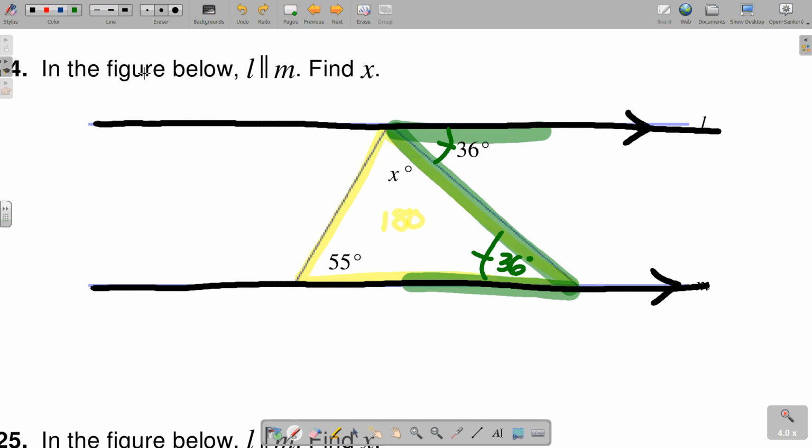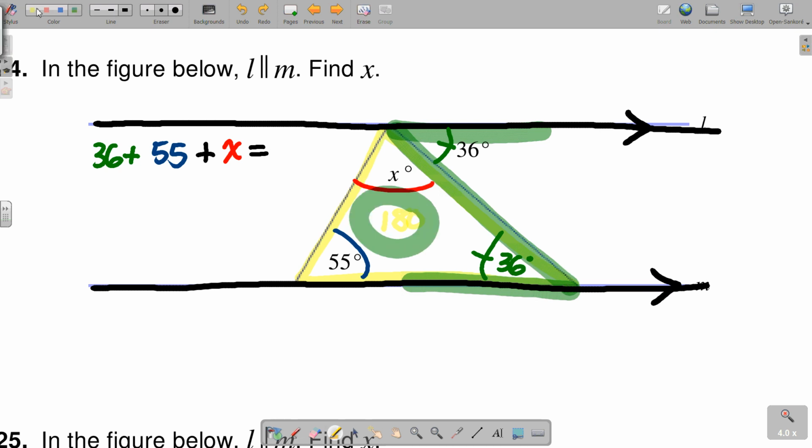Therefore, to solve for x, I'm going to go 36 degrees plus 55 degrees plus my unknown x. I know that has to add up to 180. You do your own math.